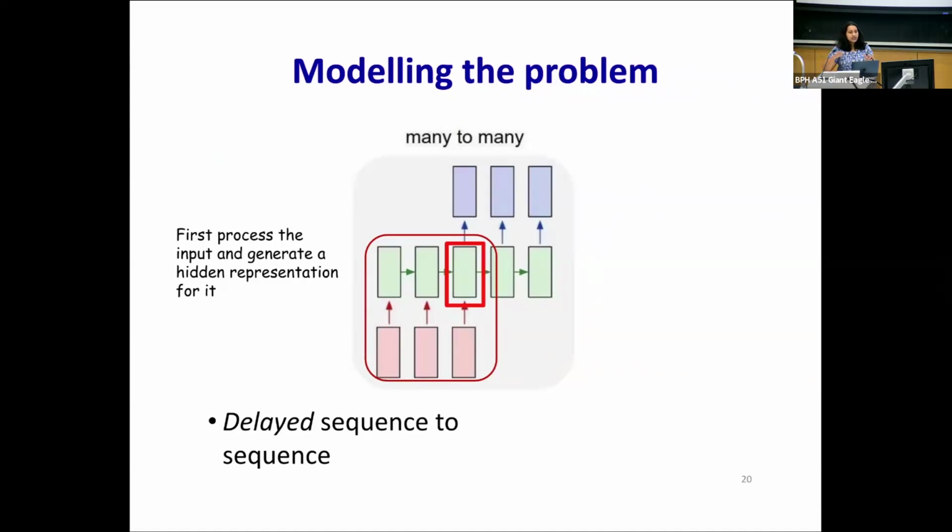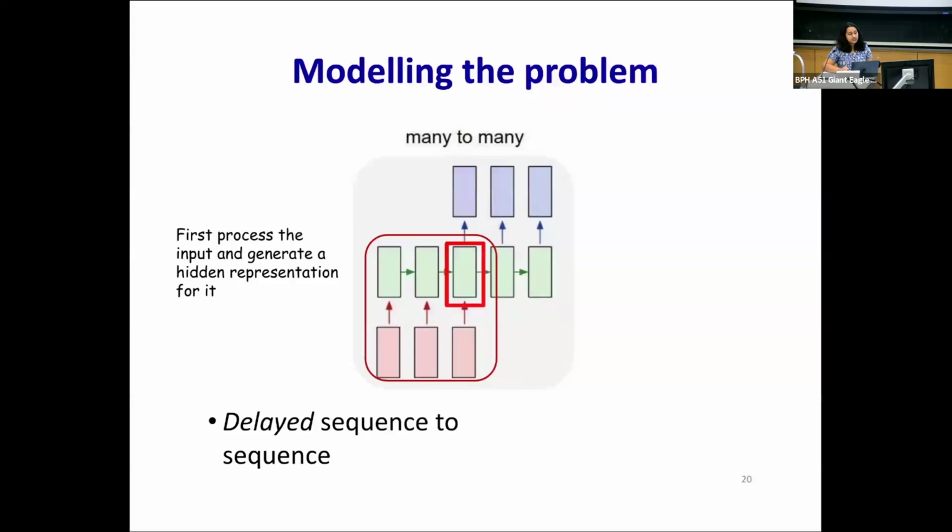You can visualize this as real time machine translation: a translator would be given the entire sentence first so they understand the context, and then translate it. Similarly in the model, that's why it's delayed sequence to sequence, because you pass the entire sequence first.